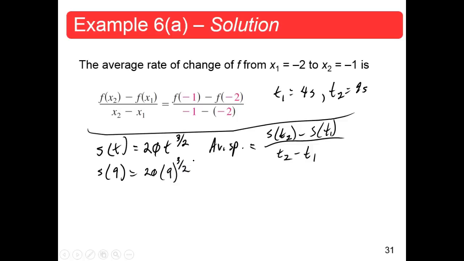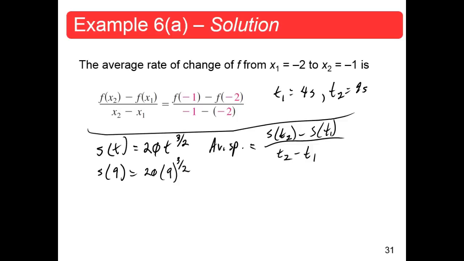Now you have to remind me, what do we mean by the 3/2 power? You can do it one of two ways. You can cube the 9 and then take the square root of that, or take the square root of 9 and then cube that answer. That's the easier way to go. The lazy way. You can do it the other way, but this is how I would recommend.